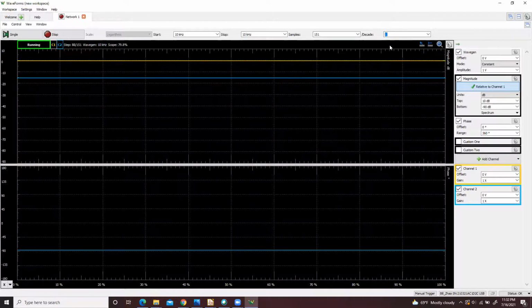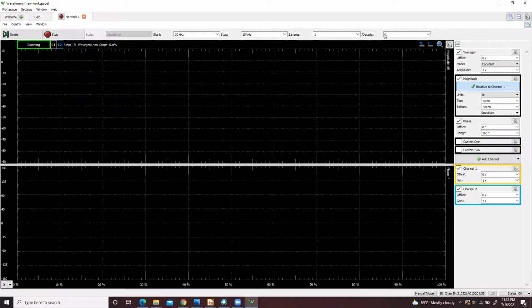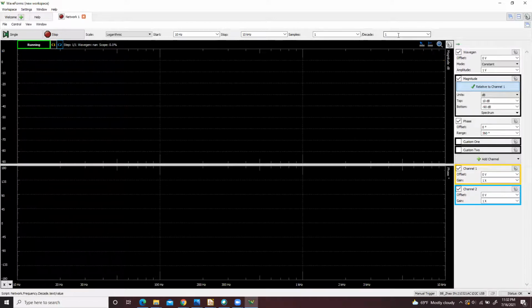Although it's mentioned at least 5 points per decade in the lab manual, I mean the tasks, I recommend you use something like 20 points per decade. Okay, let's start at 10 hertz, 20 points per decade. Then it's going to start sweeping.